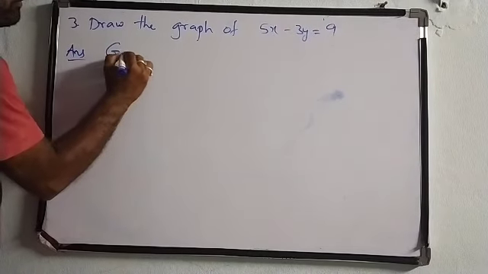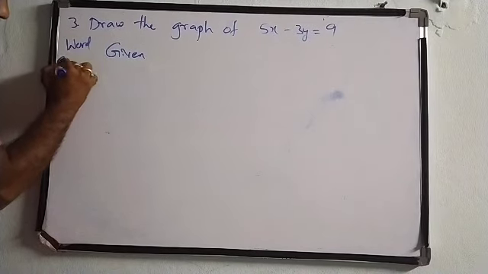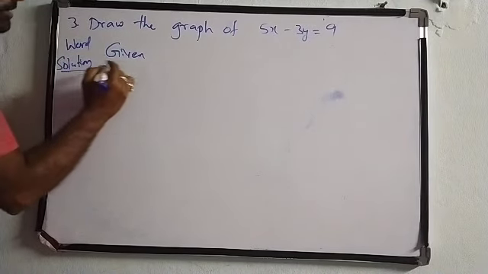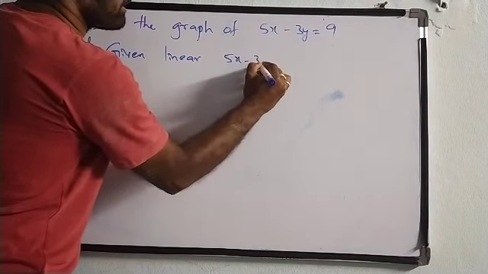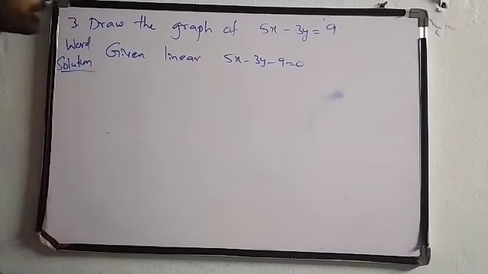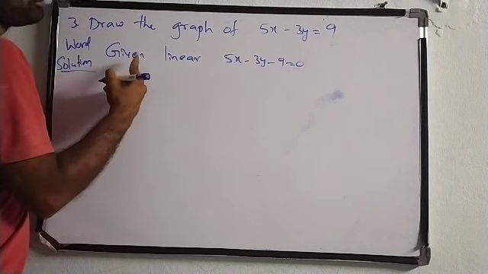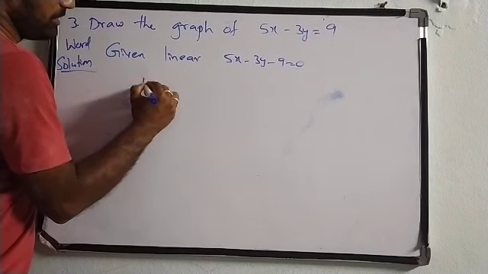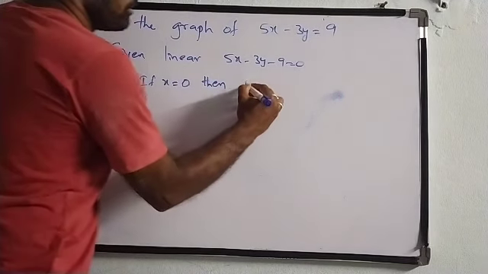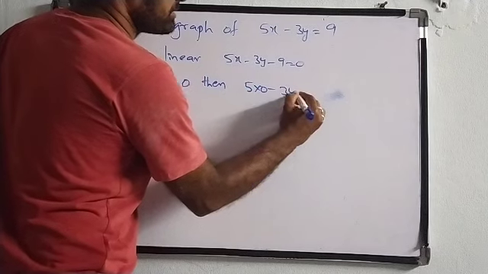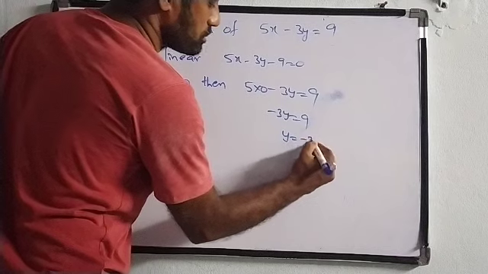Answer. Given linear equation, that is 5x minus 3y minus 9 equals to 0. So this is the given linear equation in two variables. Now let me take, if x is equals to 0, then 5 into 0 minus 3y equals to 9, minus 3y is equals to 9, y is equals to minus 3.